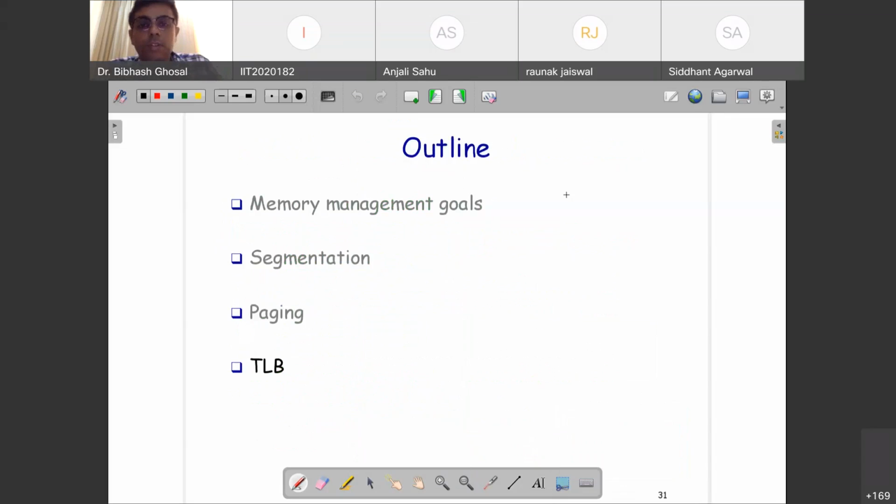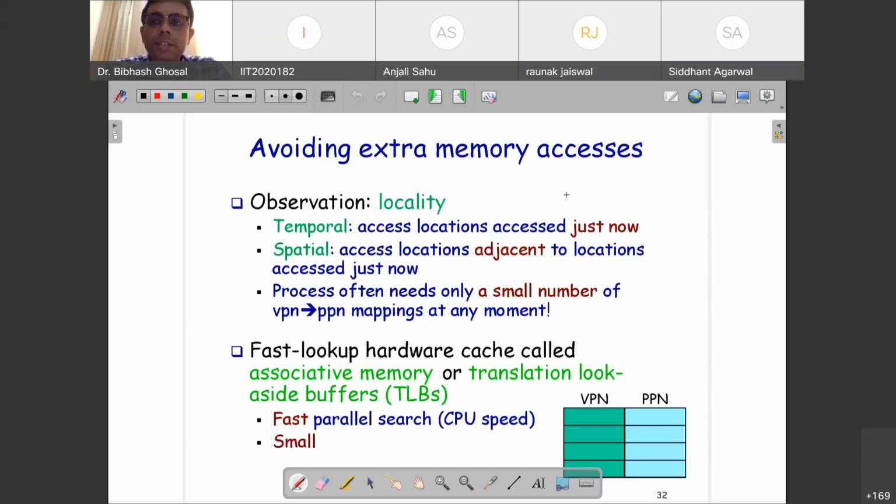Now, what was the idea that we have seen so far? That you have a page table, and the page table resides inside the physical memory. The problem is that the page table has to be accessed in order to access any particular frame or page in the physical memory. So we are having 2 memory accesses.